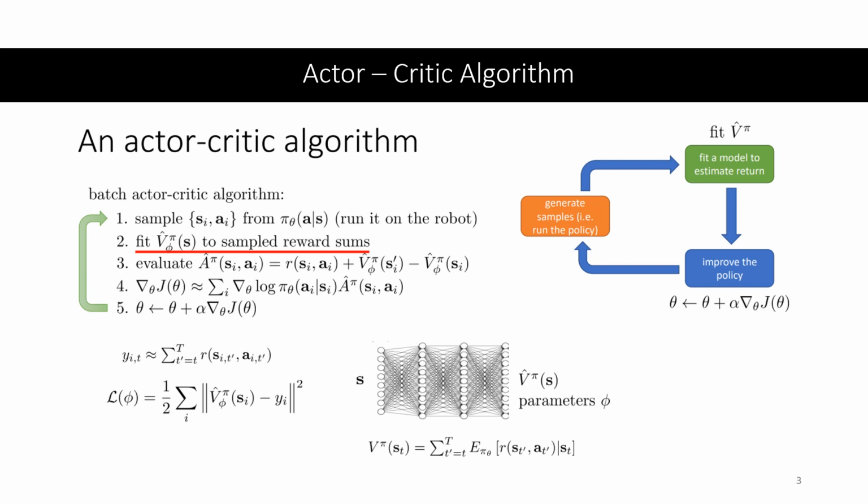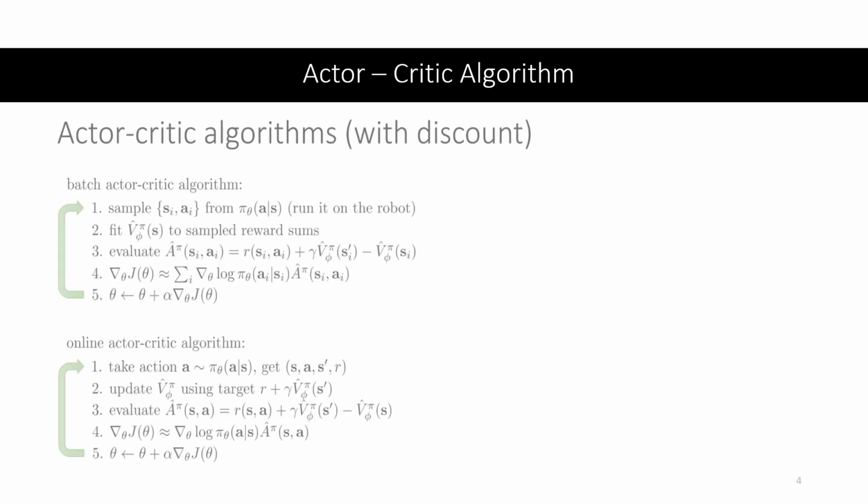It is the same as the actor-critic algorithm, but with a discount factor in the advantage function. We are interested in the near steps in the future, and we don't care about the far steps in the future.